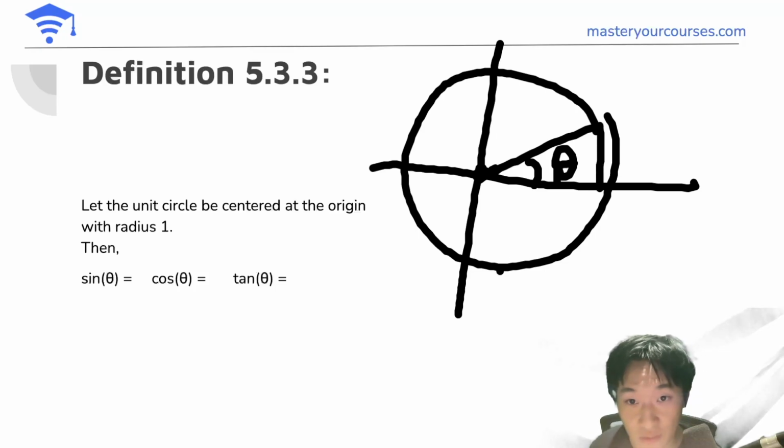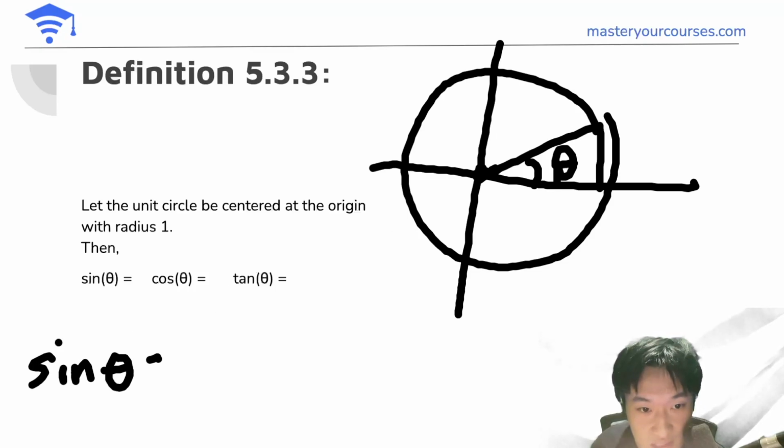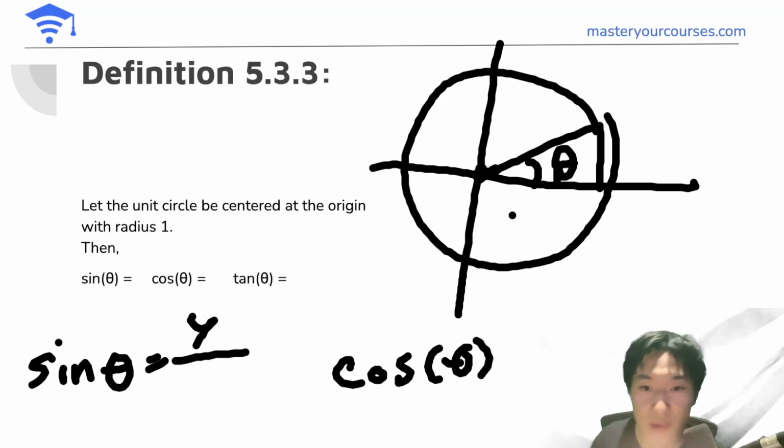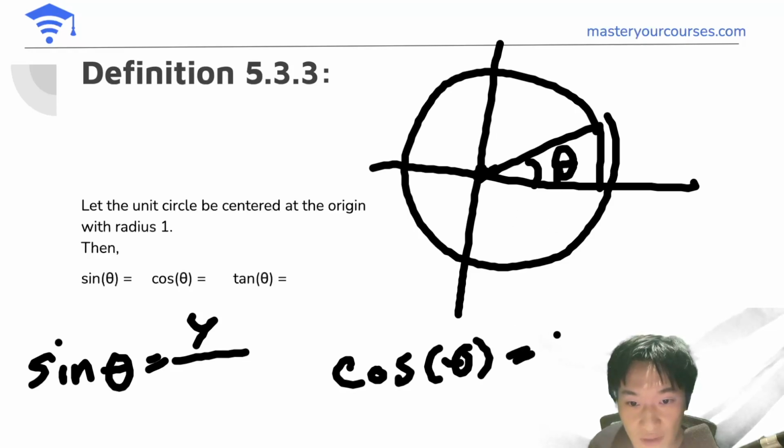But what's opposite? Well, the opposite value is y. So sine theta is equal to y over, and what is the radius, right? That's the hypotenuse. So there you go, y over r. Well, r is equal to 1, so sine theta is just equal to y. What's cos theta? Well, cos theta is adjacent over hypotenuse. But what's the hypotenuse? 1 again. So it's going to be equal to the value x.